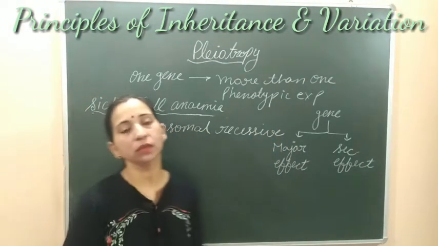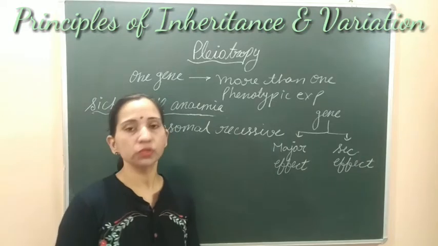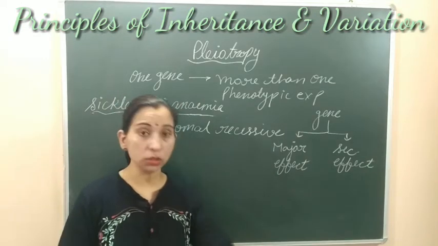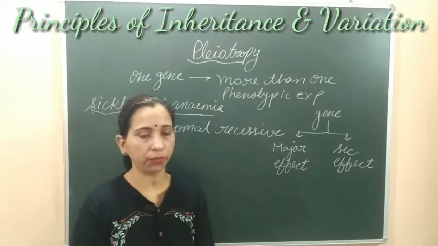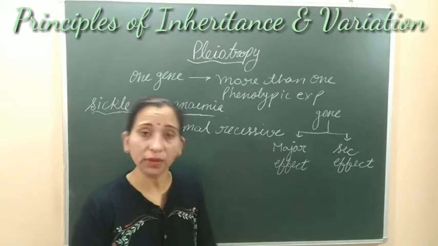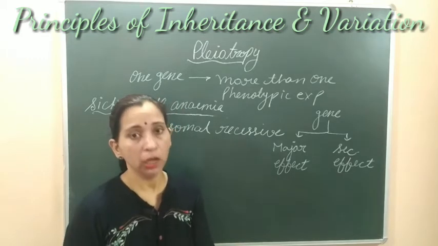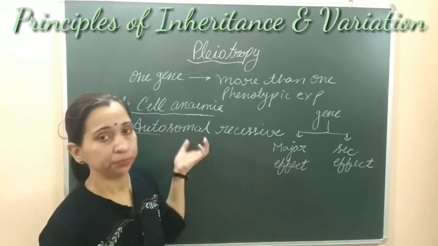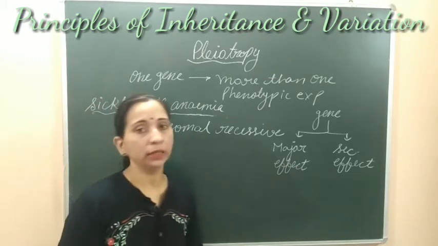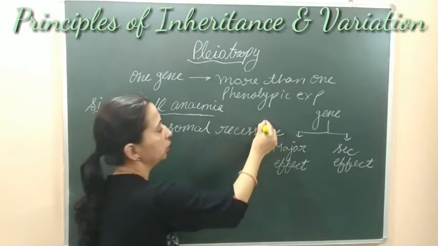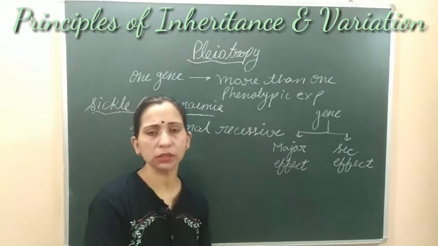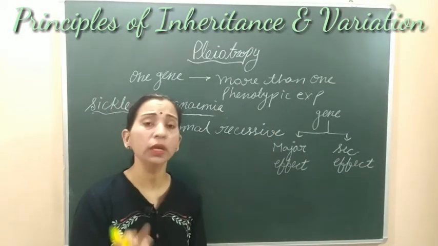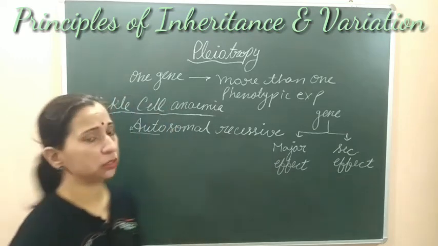This is not a sex-linked disease, it's an autosome-related disease, so the chances of this disease are 50-50%. It means this disease can affect male and female both, because it's not related with the sex chromosome, it's related with autosomes. That's why it is known as autosomal. And recessive means it is expressed when the alleles are present in the recessive condition. Then this disease is caused.